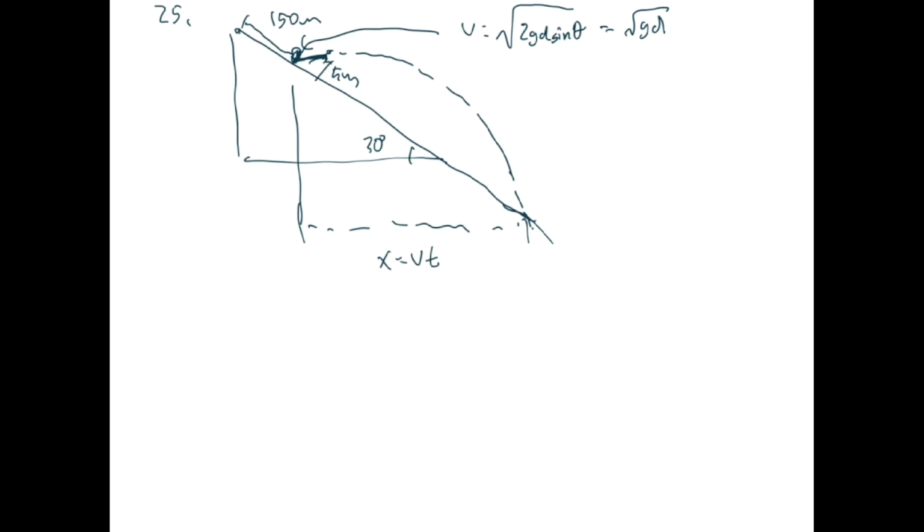So to find this height, it would be easier for us to shift into a frame where the incline is horizontal. So this is our incline, and our ramp here is 5 meters.